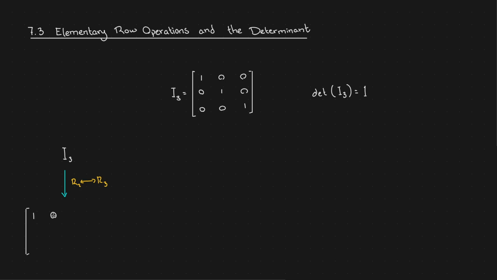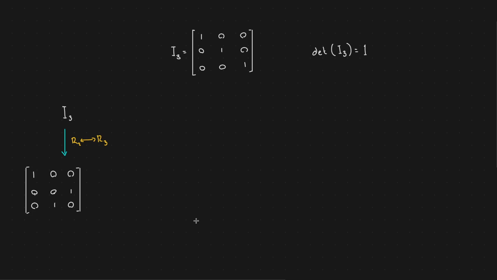So row 1 stays the same. My new row 2 is my old row 3. And my new row 3 is my old row 2. Okay, so that's my matrix. Let's find the determinant of this.